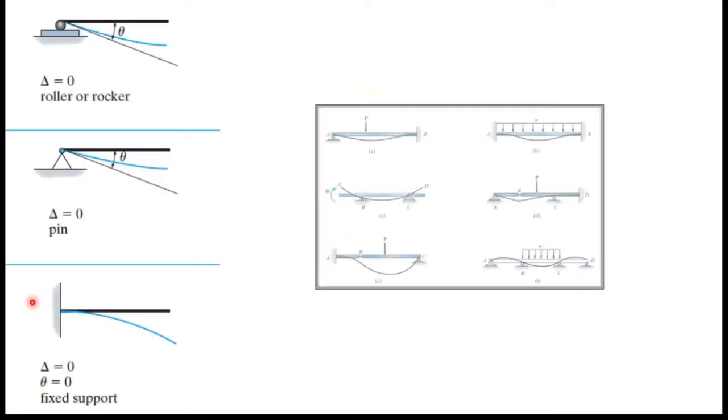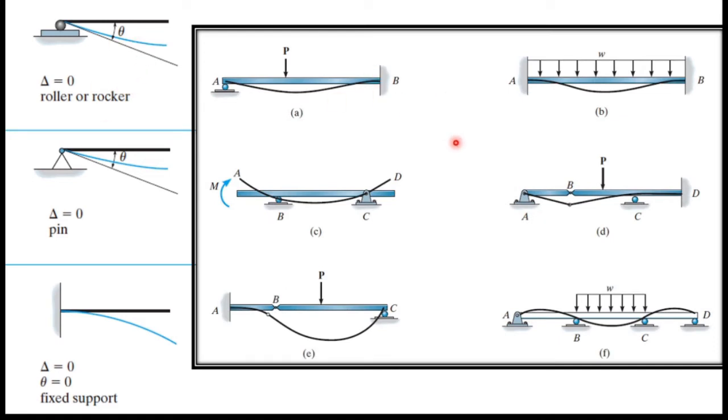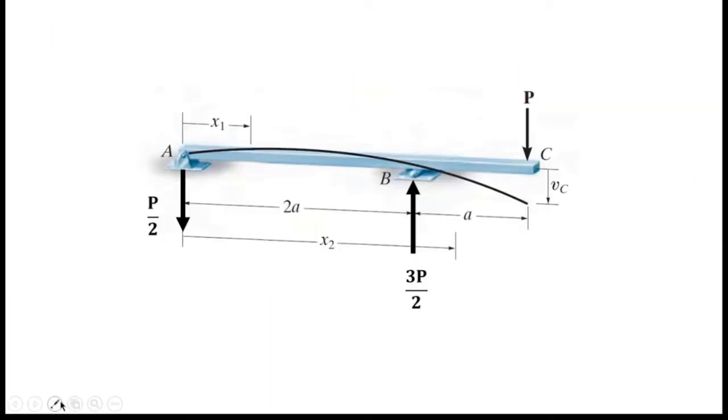So here are the common deflection shapes of different conditions. We will have pin support and roller support. At the pin support deflection is 0, but there is a slope. At the roller support deflection is also 0, but there is a slope. Next I will consider this small part alone.